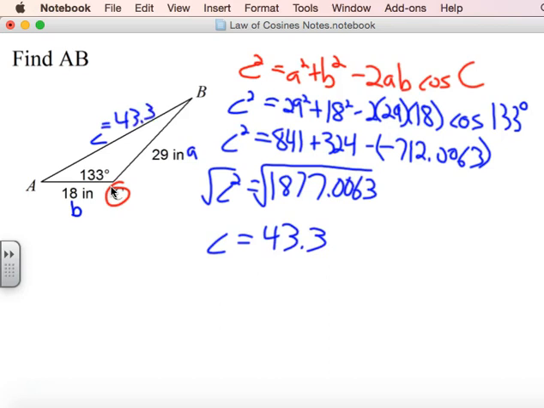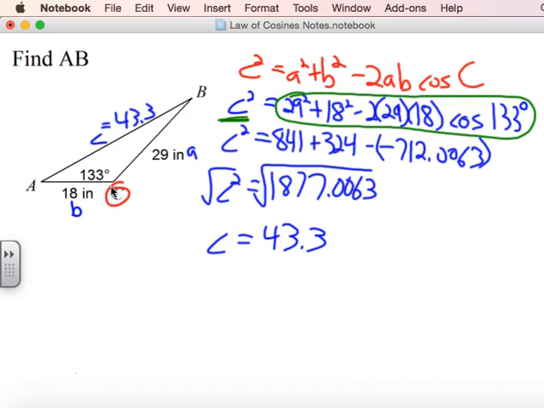If it was an angle we were finding, we would need to make sure we said it was 43.3 degrees. Okay? And actually, you can type all of this in your calculator at once, as long as you're finding the side. If you're finding a side, you should just type all this in at once.